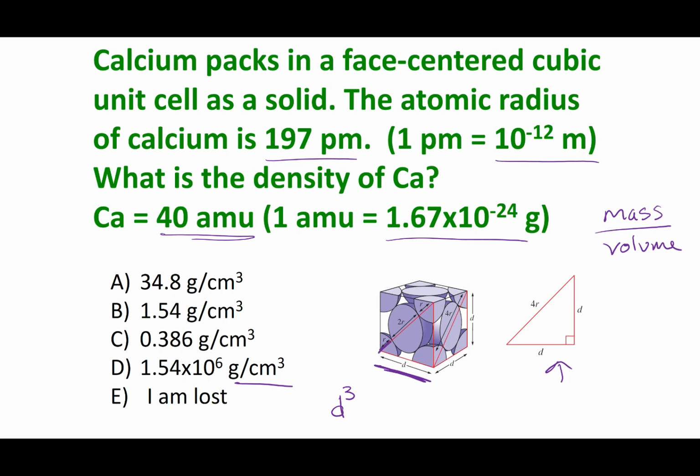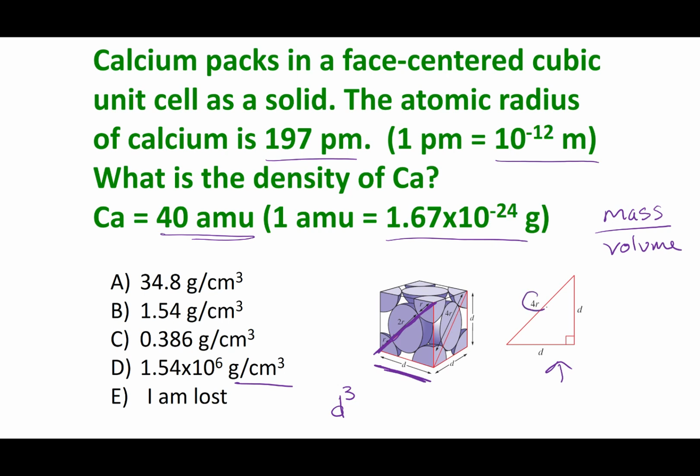This corner atom is going to have a distance of r. Then I have the central atom on that face, and that has a distance of 2r, and then finally the last r right here. That is going to make a diagonal line across one of the faces of my cube.